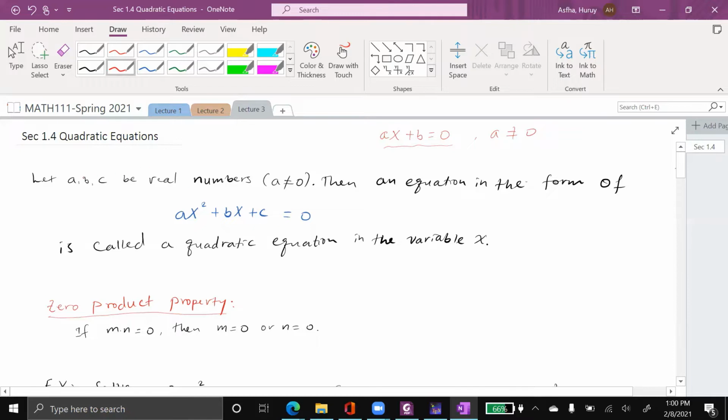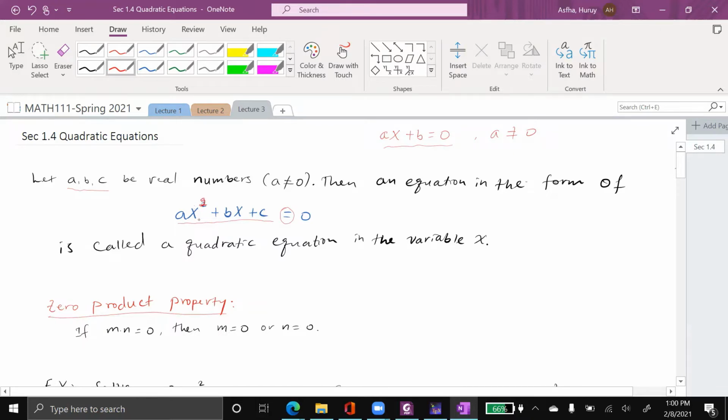Given that a, b, c are real numbers, if we have the form ax squared plus bx plus c equals 0, remember we always need this equality in order to call this statement an equation. And we need this square here.